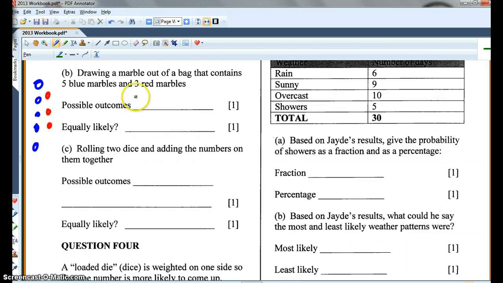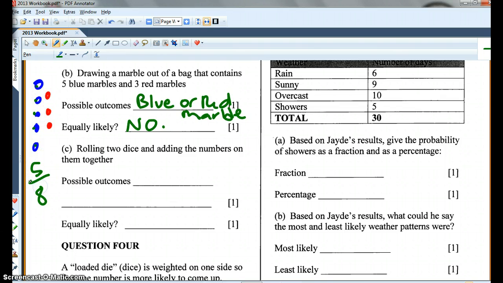Possible outcomes: blue or red marble. Equally likely? No. What's the probability of a blue marble? 5 out of 8 marbles. What's the probability of a red marble? 3 out of 8. So they're not the same, so they're not equally likely.